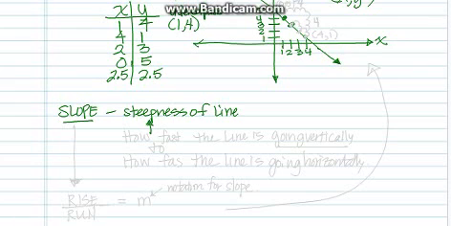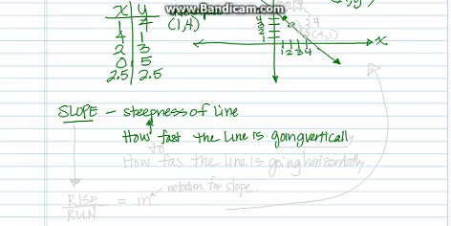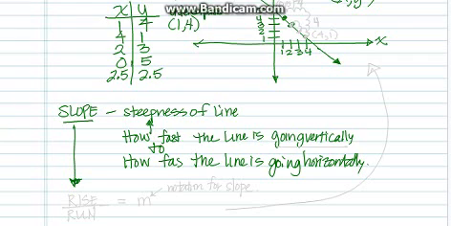Another way we can think about our steepness is how fast the line is going vertically to how fast the line is going horizontally. Some people denote it as the rise, that's our vertical movement, over our run. And our notation for slope, we write the letter m.